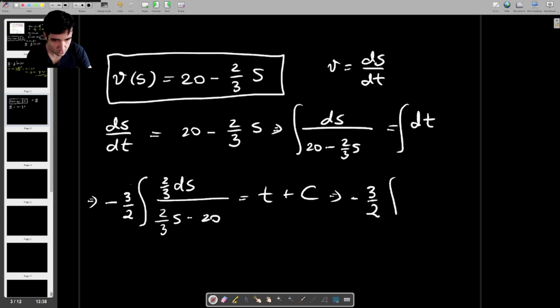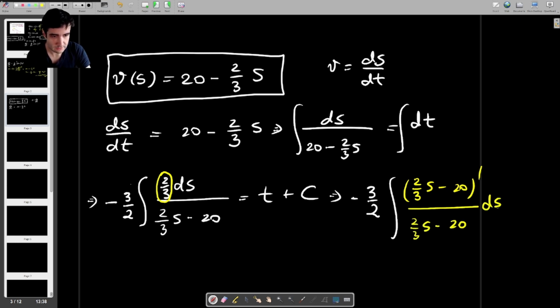And then the numerator, this 2/3, I'm going to rewrite as the first derivative of the denominator. So it's (2/3 s minus 20)' over 2/3 s minus 20 ds, and this is t plus a constant.